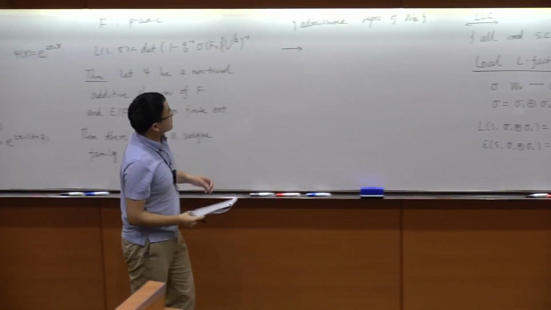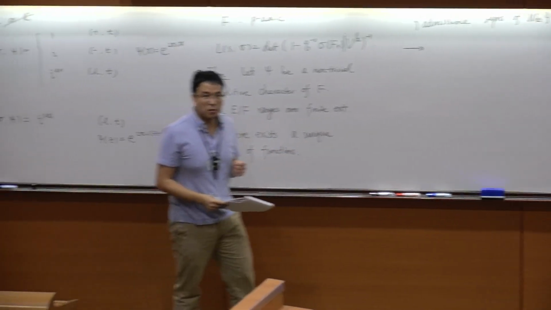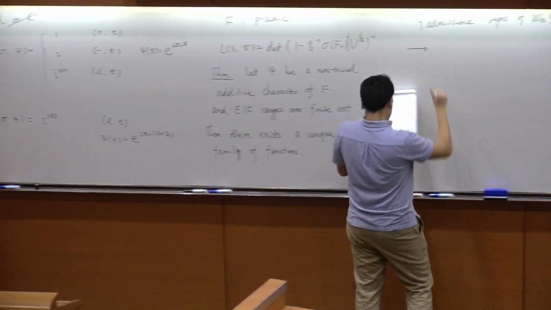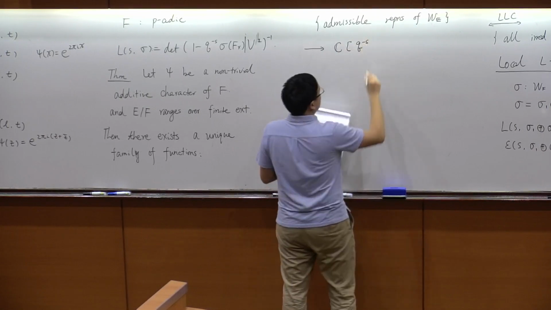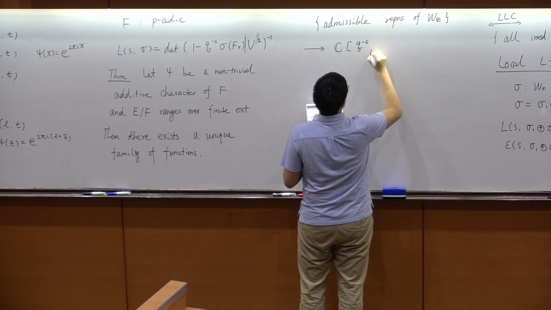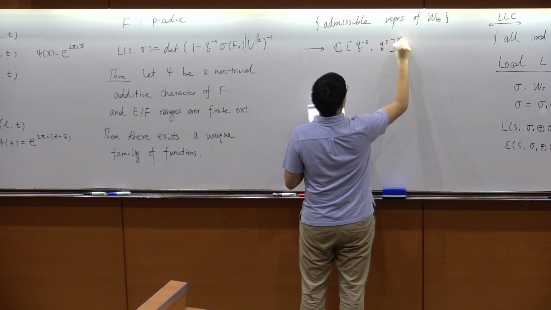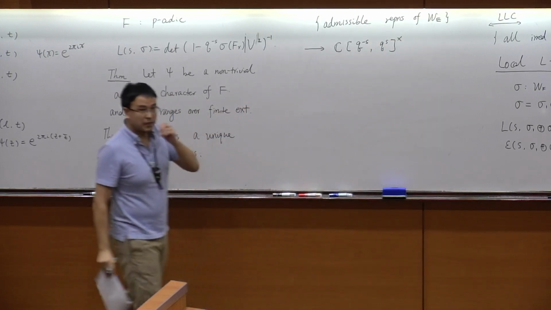So this function is associated to every admissible representation of the Weil group, and it lies in the polynomial ring of q^s and q^-s, and is also an invertible element in this polynomial ring.